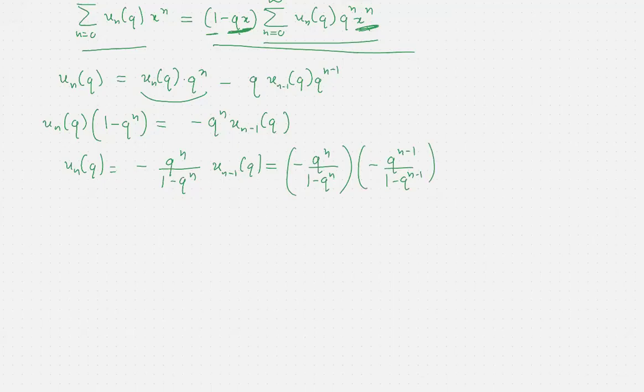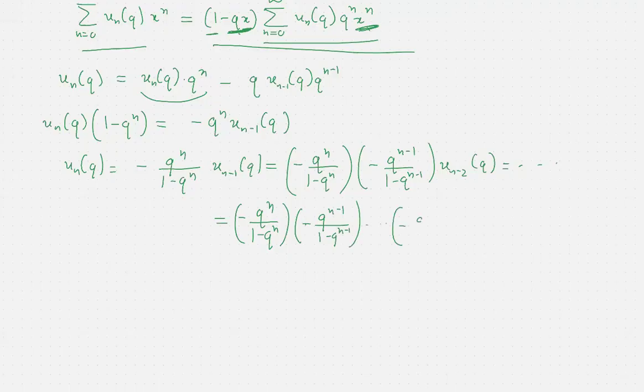And pretty much we will be applying this till we get down to u sub 0. So this will be minus q to the n over 1 minus q to the n, minus q to the n minus 1 over 1 minus q to the n minus 1, all the way down to minus q over 1 minus q times u naught of q.